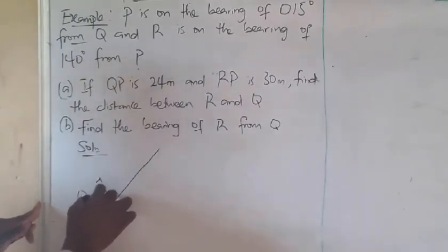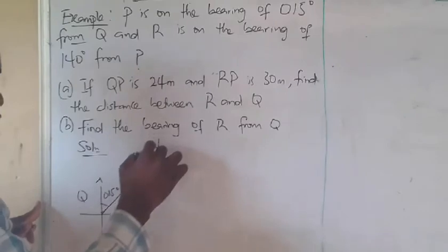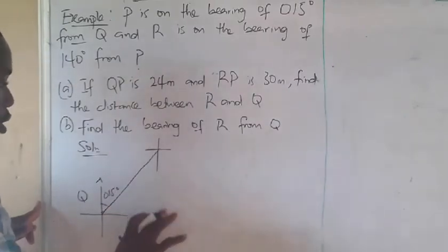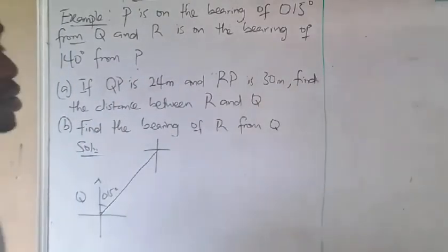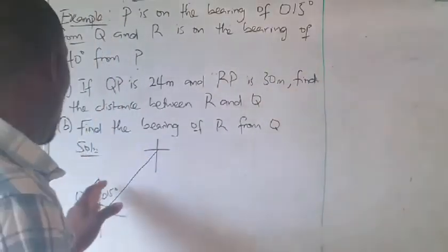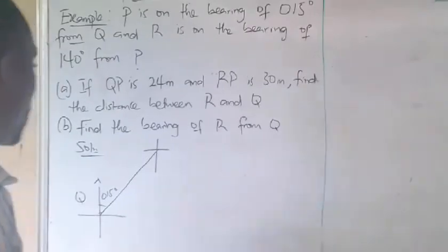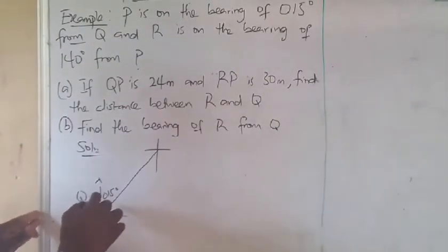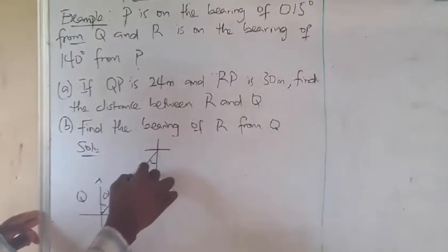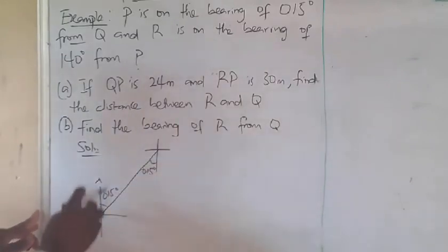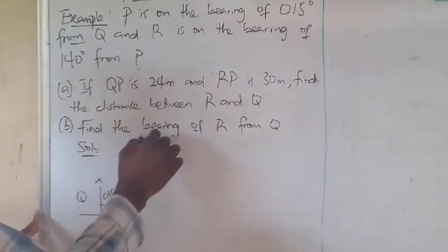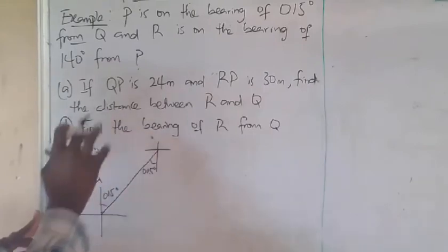Now note also, whenever you are solving questions in bearing, your north lines must be parallel to each other, such that you have this place as 15 degrees also. Okay, alternate angles.